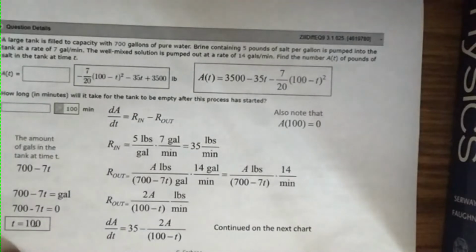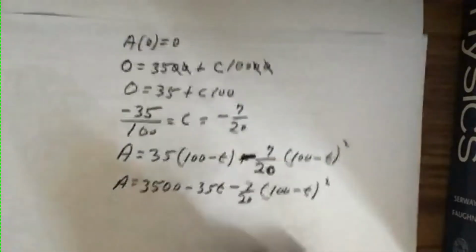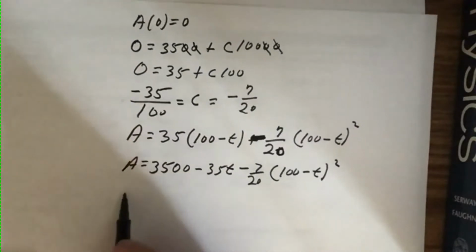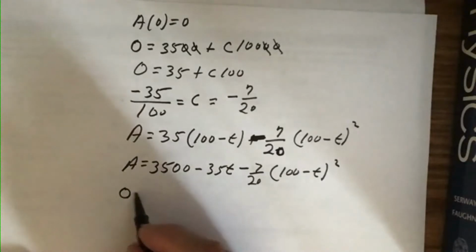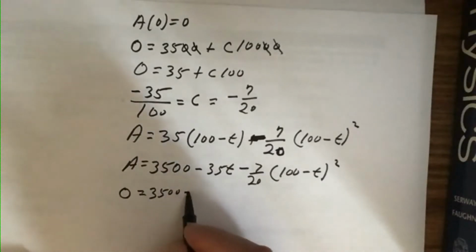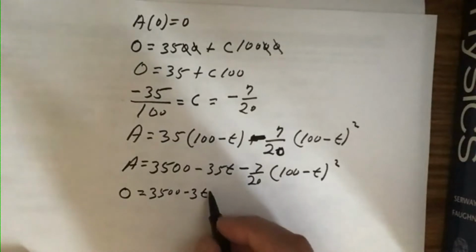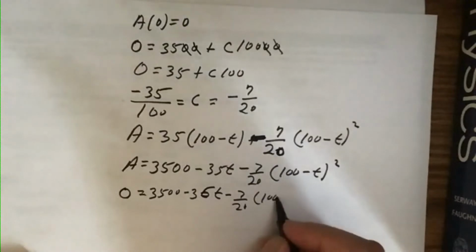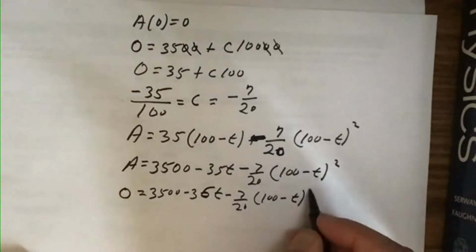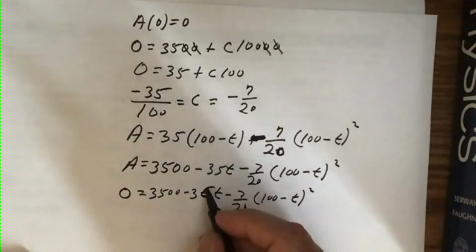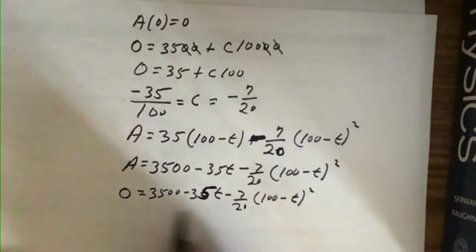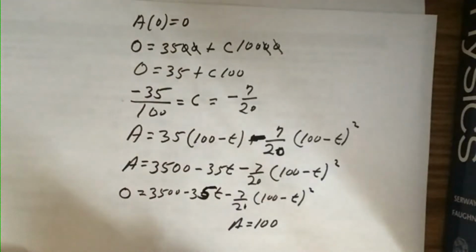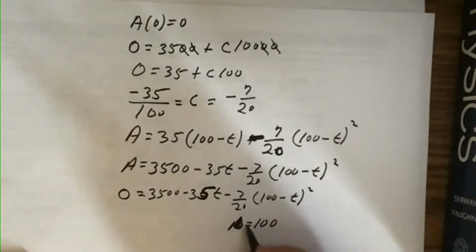Another way to do it, which is harder, is to set this equal to 0 and solve for t, right? Set this equal to 0 and solve this for t, you better get 100. 100 minutes for t, excuse me, not a, right?